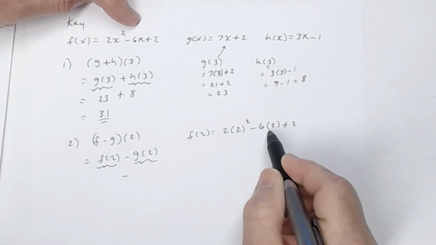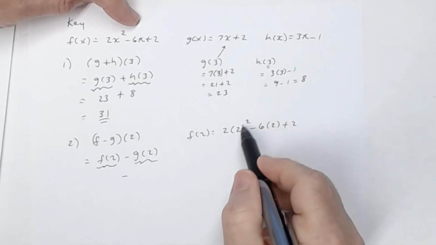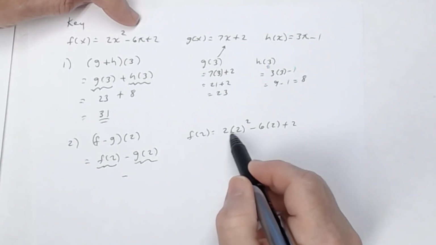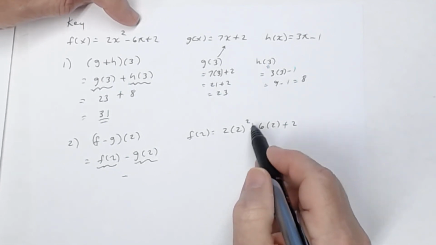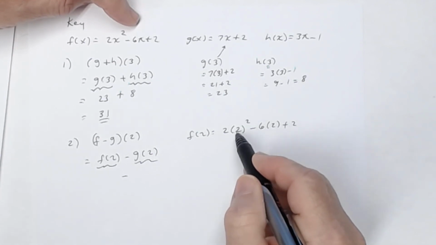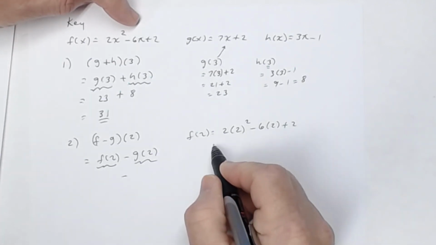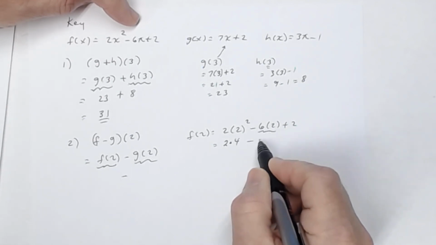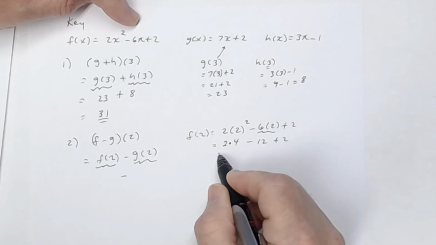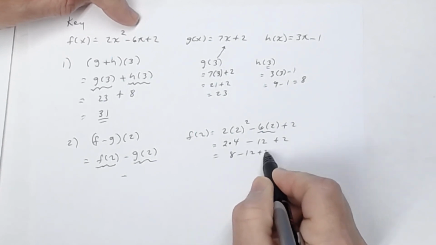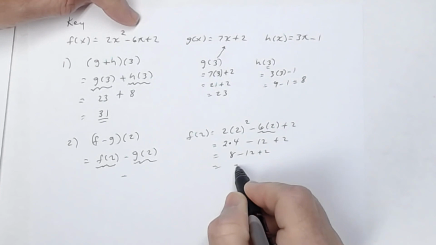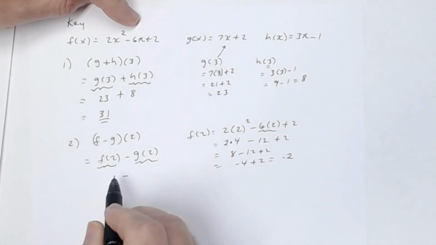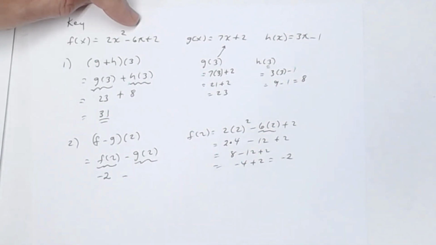Using the order of operations, you do exponents before you multiply. So don't say 2 times 2 is 4 and then 4 squared; you have to do the exponents first. So 2 squared is 4, and this becomes 2 times 4, and then 6 times 2 is 12, plus 2. So this becomes 8 minus 12 plus 2, and 8 minus 12 is negative 4. Negative 4 plus 2 is negative 2. So f of 2 is negative 2.